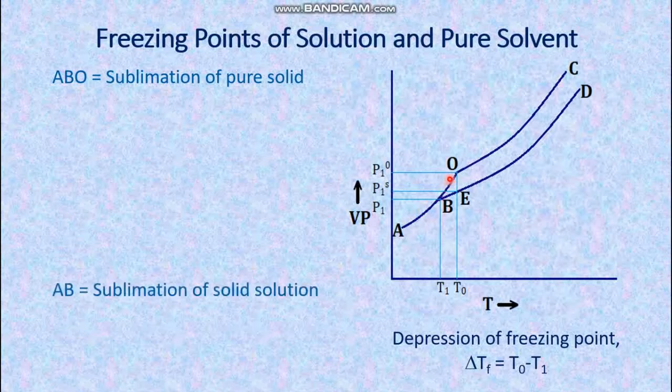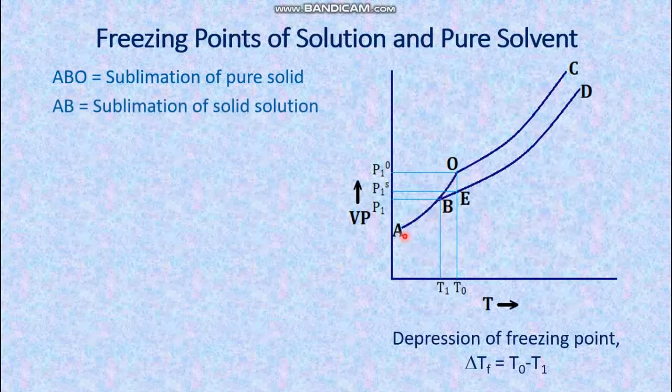Now, what about this other curve AB? This is also the sublimation of a solid, but which solid? It is not the pure solid. It is actually the solution which has solidified after freezing.